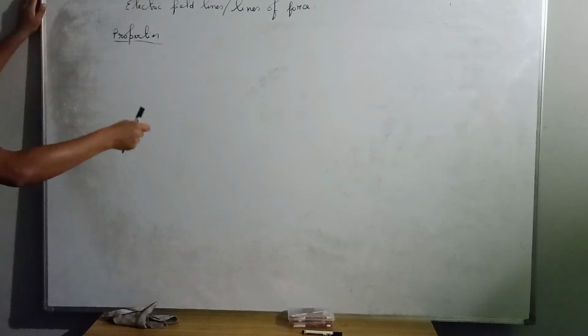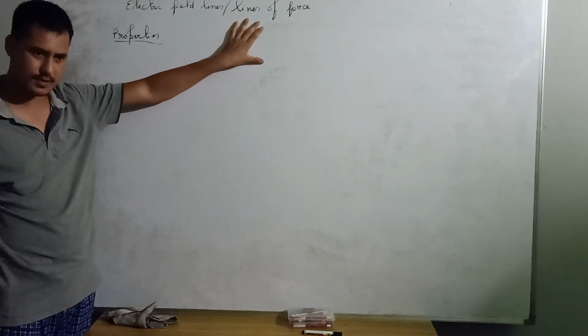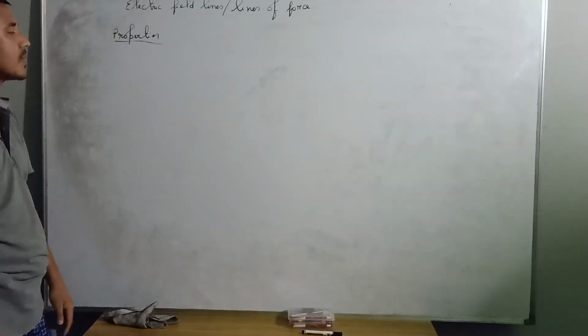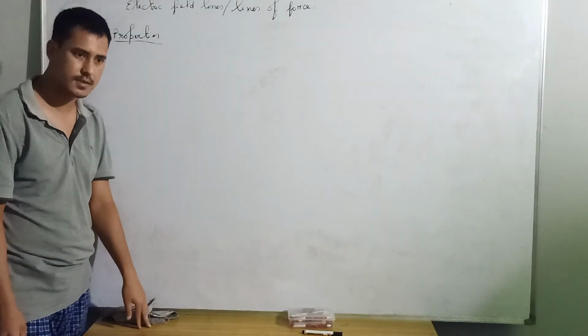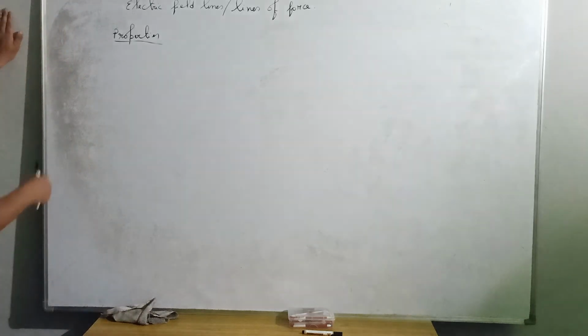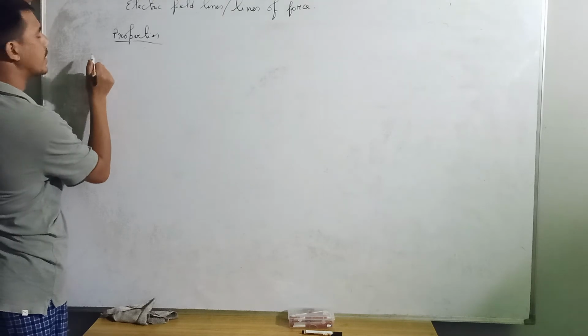But at any region or at any point, if the density of the lines is less, means if the lines are more spaced, then in that case, the magnitude of the field will also decrease. Is it okay? Are you getting me? So the density of the field lines gives the magnitude of the electric field.